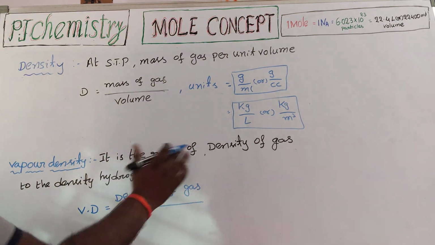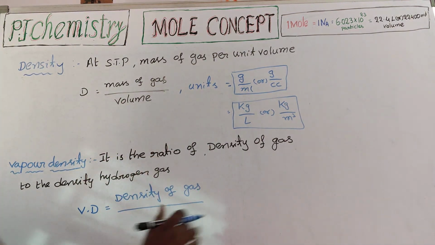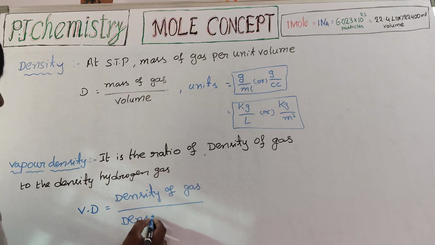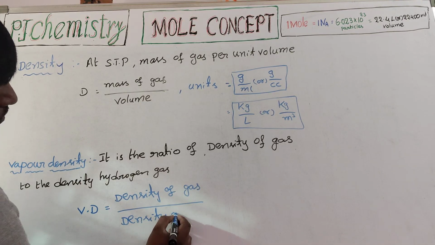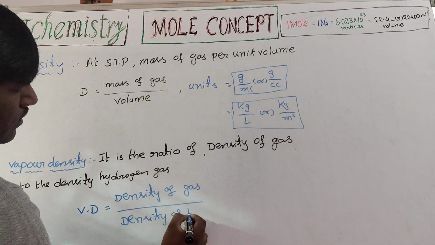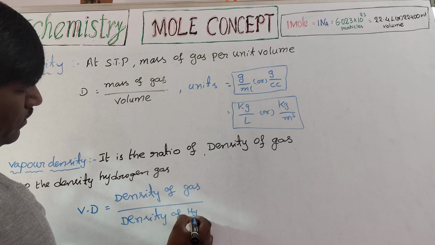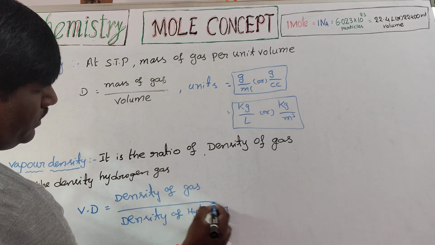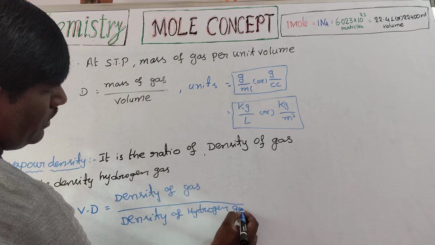It is the ratio of density of gas to the density of hydrogen gas.